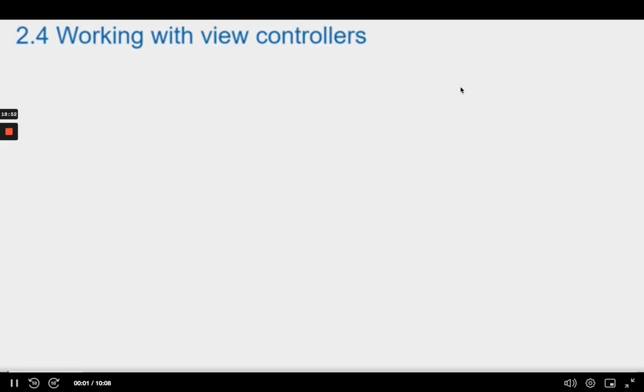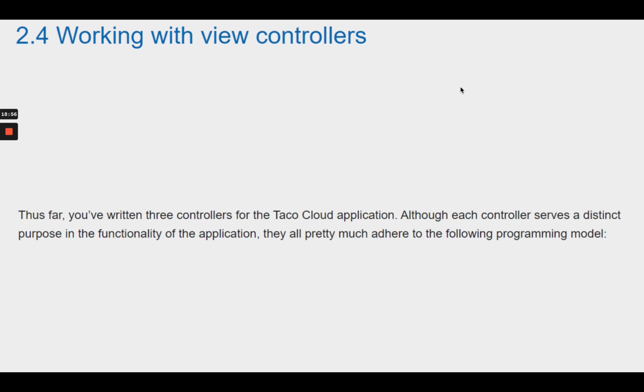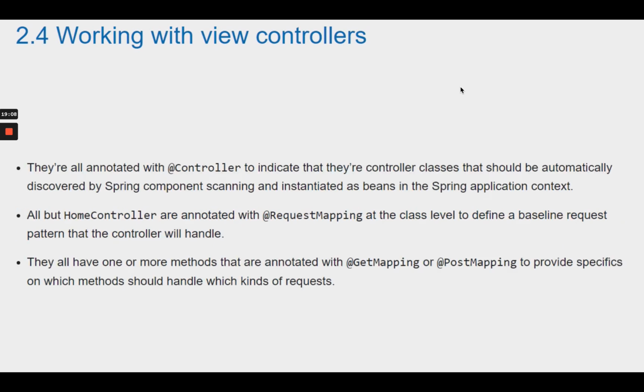Section 2.4 Working with View Controllers. Thus far, you've written 3 controllers for the Taco Cloud application. Although each controller serves a distinct purpose in the functionality of the application, they all pretty much adhere to the following programming model. They're all annotated with @Controller to indicate that they're controller classes that should be automatically discovered by Spring component scanning and instantiated as beans in the Spring application context.